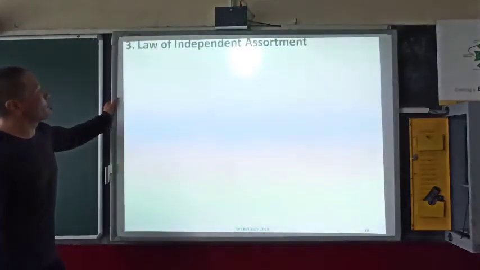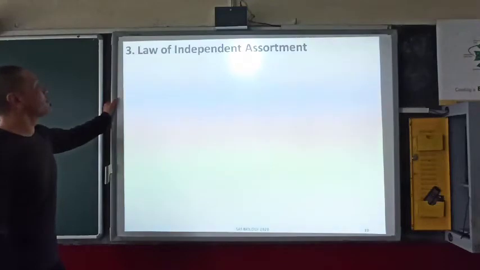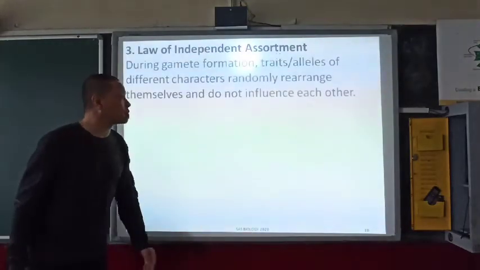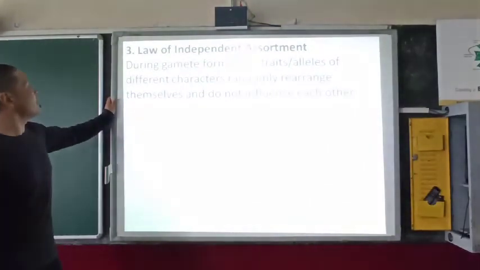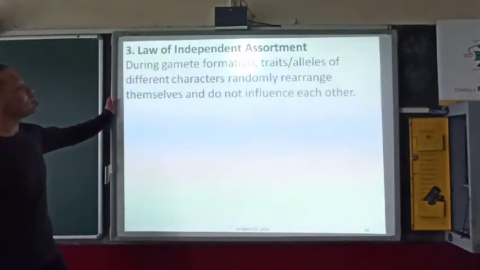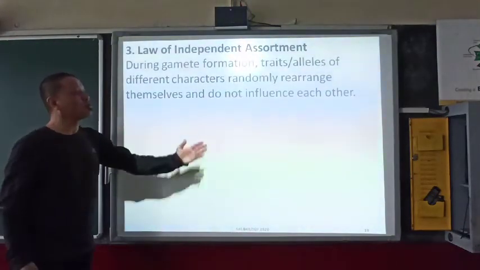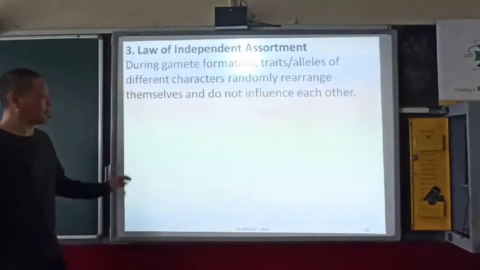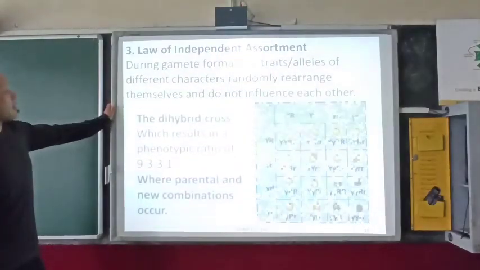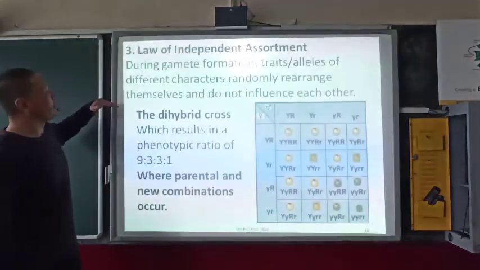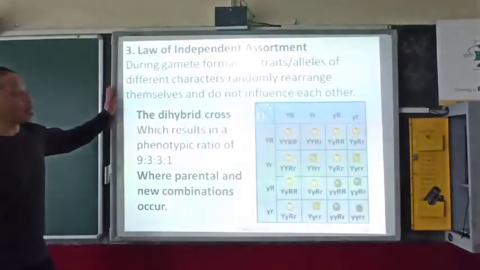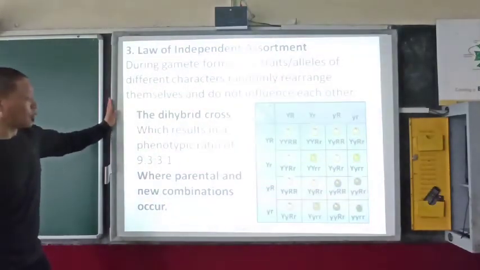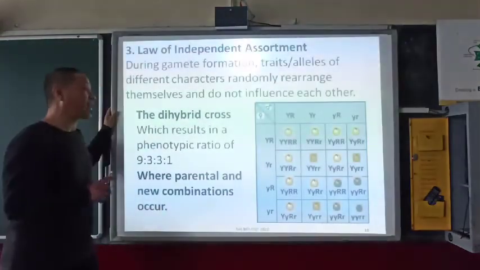The next one, the third law of inheritance, is the law of independent assortment. It states that during gamete formation, alleles of different characters randomly rearrange themselves and do not influence each other. In order to explain this, we need to take a dihybrid cross. We were dealing with monohybrid crosses till now, where we were considering only 1 character.